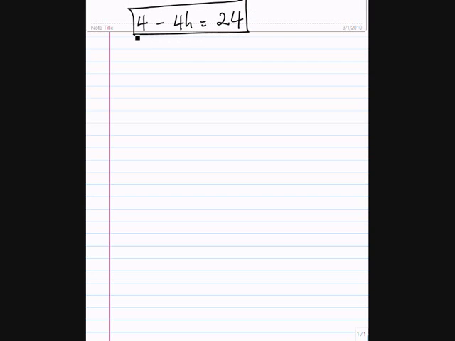reflected here. In this case, earlier we have solved the equation and h is equal to -5. So what is the first step of solving an equation? Let's go back to the very basics.